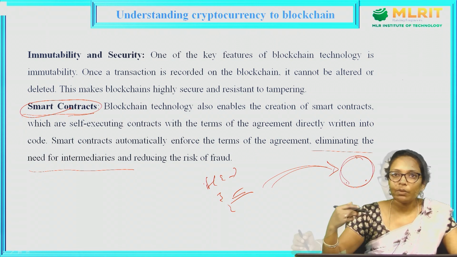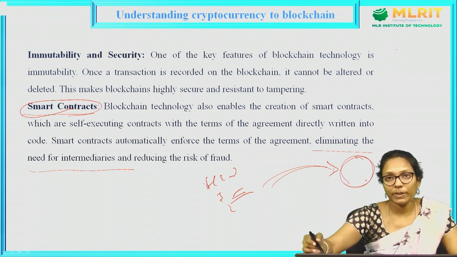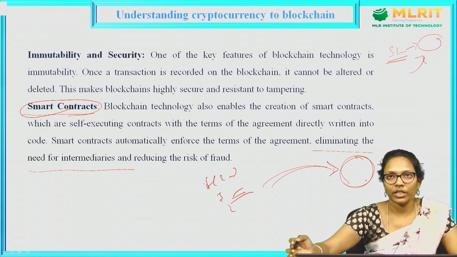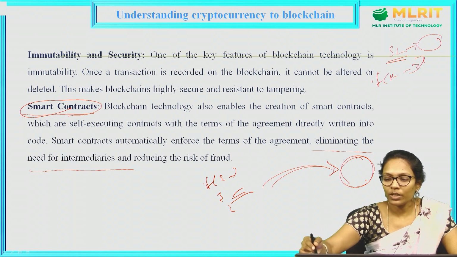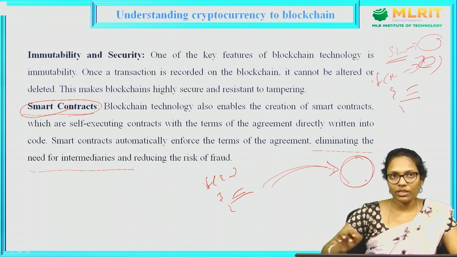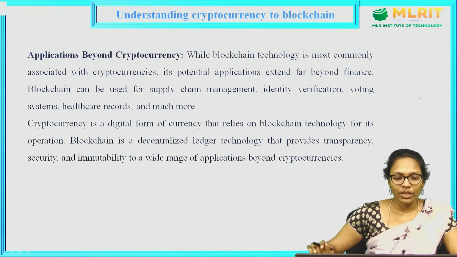For example, I want to buy shares of a specific company. I check whether the share price reaches a certain amount, and only then buy the share. So I write a smart contract that checks if the share price is such and such an amount, and then it automatically buys the shares. That is about smart contracts.